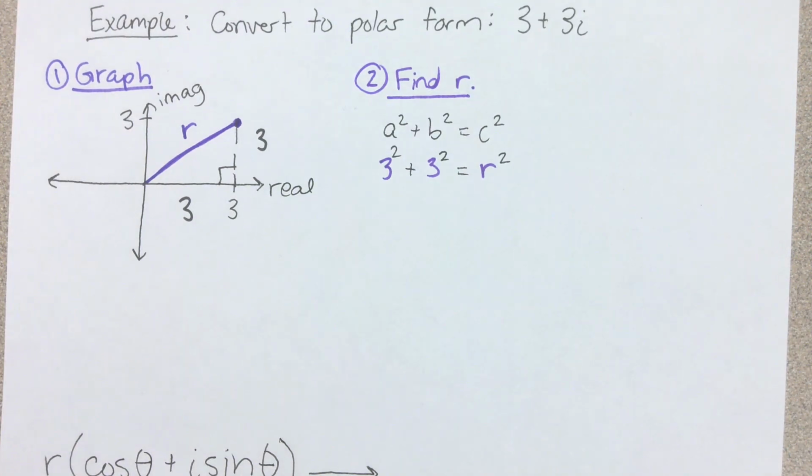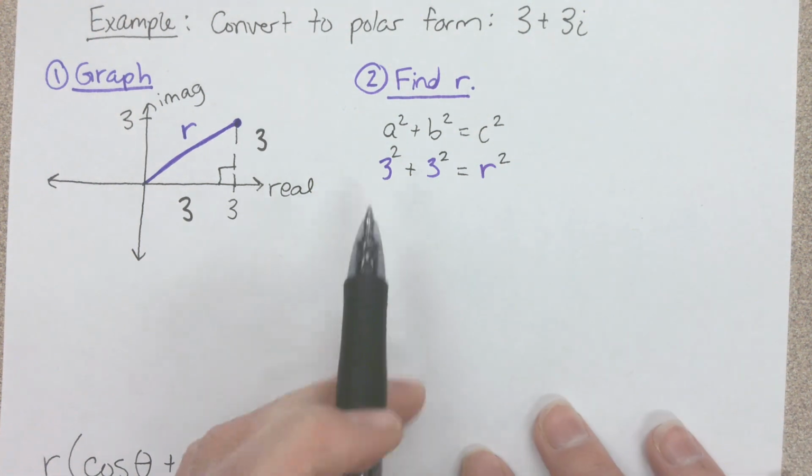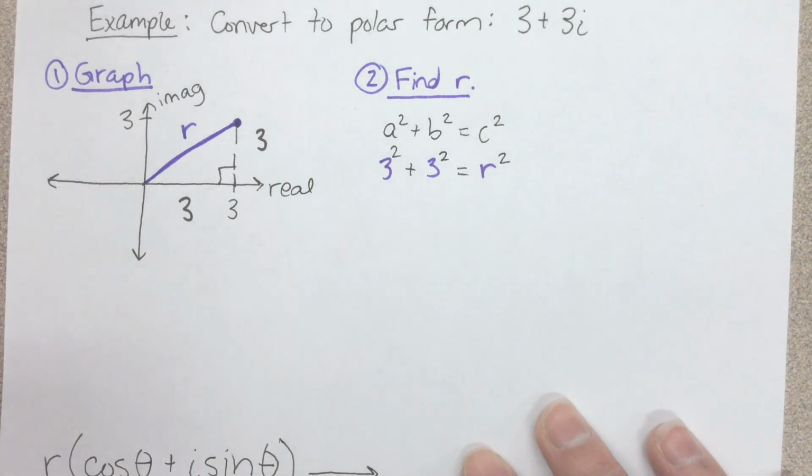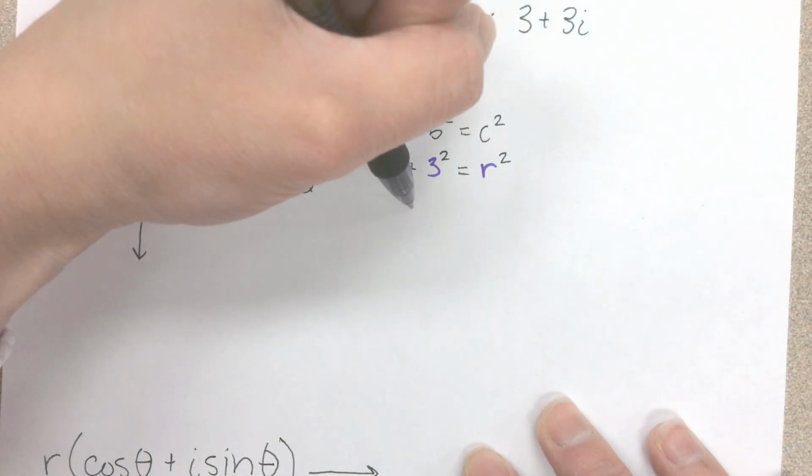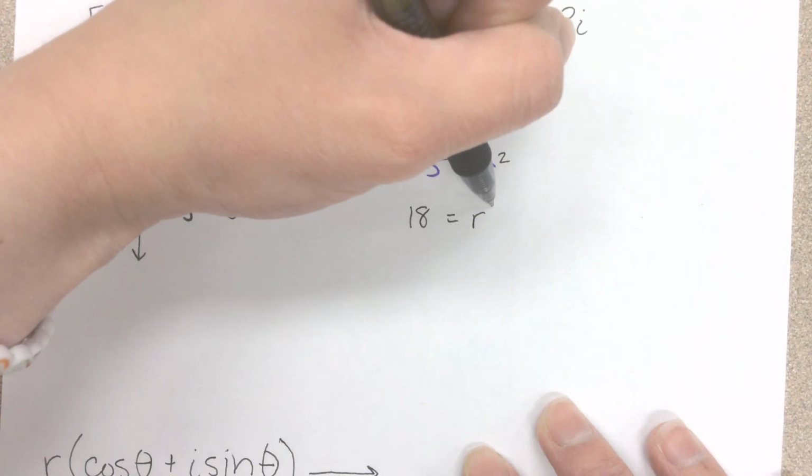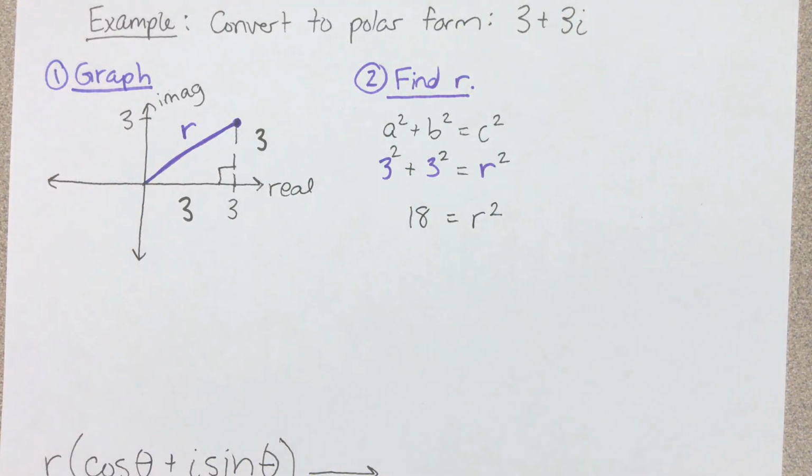So 3 squared plus 3 squared equals r squared. 3 squared and 3 squared, that's 9. 9 and 9 gives us 18 equals r squared. And then don't forget we are solving for r, not r squared, so we're not done. Don't forget to square root both sides.